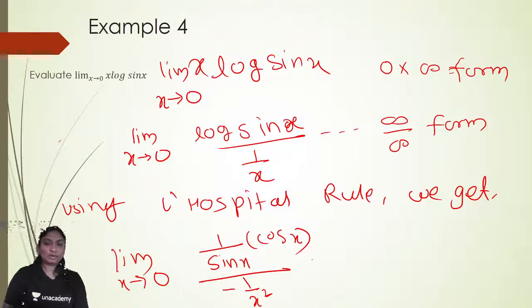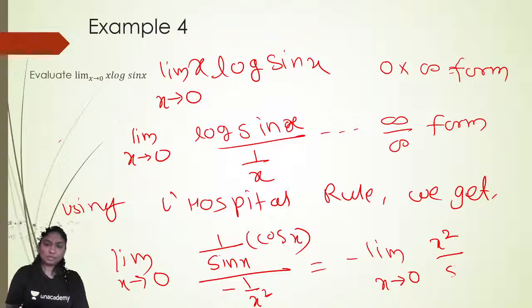So this is equal to minus of the limit as x tends to 0. We can adjust this: 1 upon x square is nothing but x square upon sin x, so this x square becomes the numerator, right? So x square upon sin x into cos x, right?